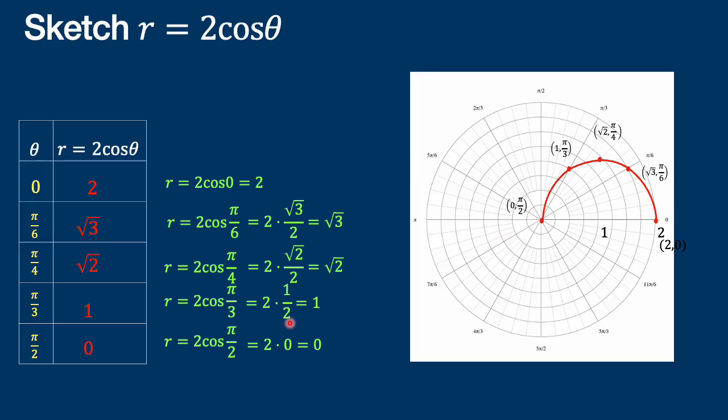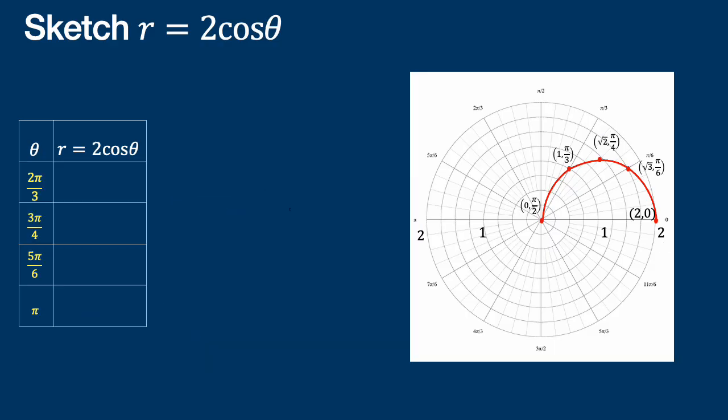So we sketched theta in the first quadrant, the angle between 0 and pi over 2. The second quadrant we're going to sketch on the next slide.